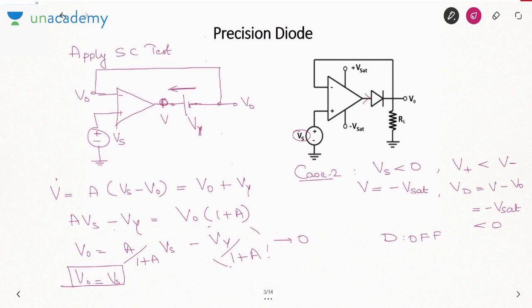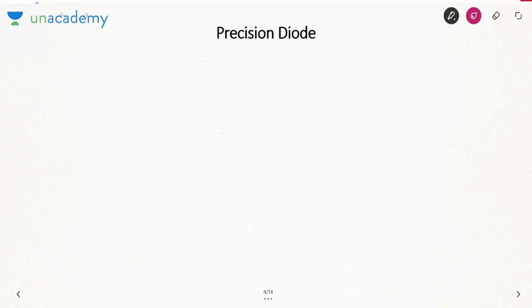So what I can say is, when I draw the characteristics, which characteristics? Transfer characteristics, V naught versus Vs. If Vs is positive, the diode is on and V naught is equal to Vs. So this straight line will have slope equal to 1.